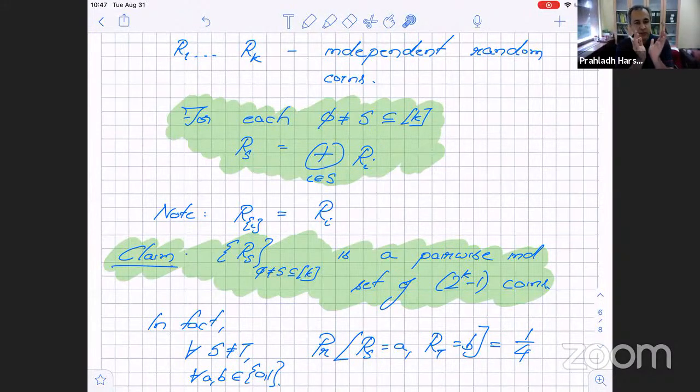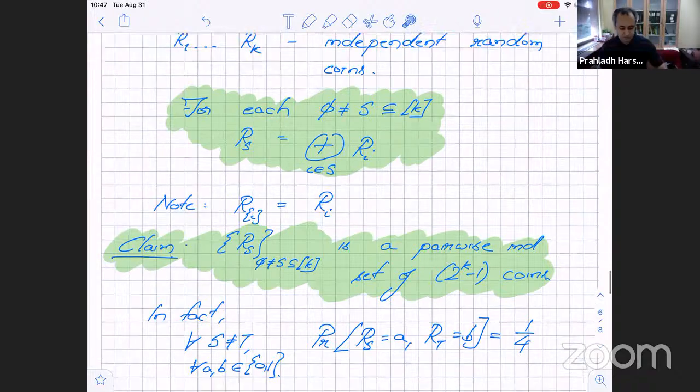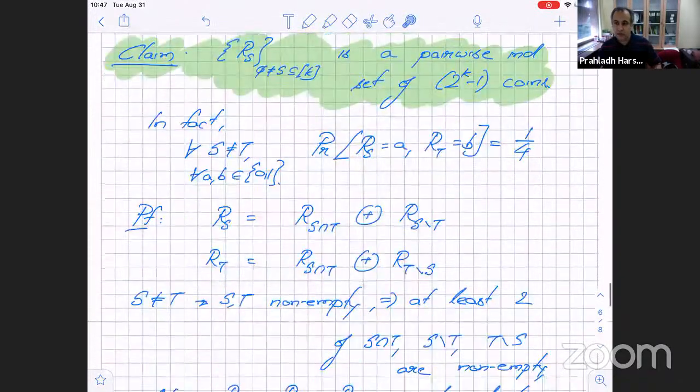I just pick a small set of fully independent coins, and from that I define this 2 power k minus 1 set of coins this way. They are not fully independent. There's a huge relationship there. If I know the first k values, then everything else has been determined. So they are not independent coins, yet they are pairwise independent. For every pair of them, you see all 4 values equally likely. And this is all we needed for the max cut example. Are people with me?